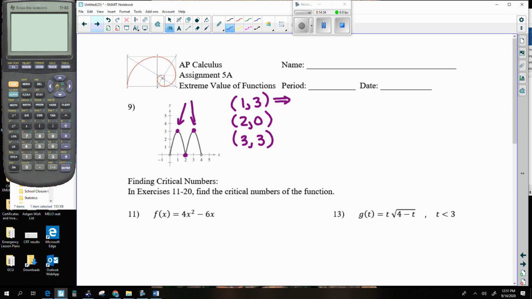And notice how those two are at the exact same level. In that case, they're both absolute. It's weird to have multiple absolutes, but this is a situation where you have dual absolutes when they're higher than anything else. And then similarly with that one in the middle, it's an absolute minimum.